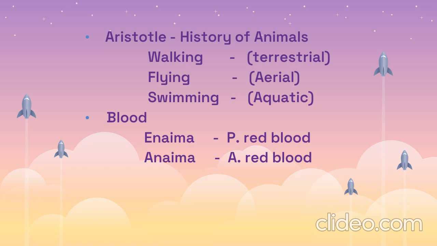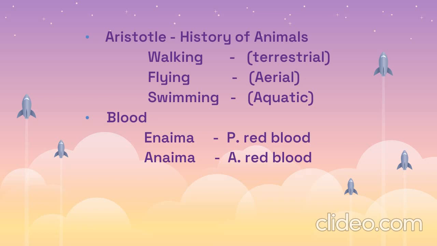And one more classification he has given as per the presence or absence of red blood cells. Of course we know human blood we consider of 3 types of cells, RBC, WBC as well as platelets, right? As per the presence of RBC, he has classified the organisms into 2 categories, Enaima and Anaima. Enaima means the presence of red blood cells, Anaima the absence of red blood cells.